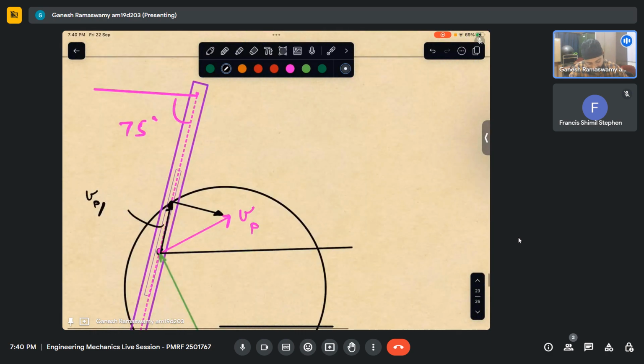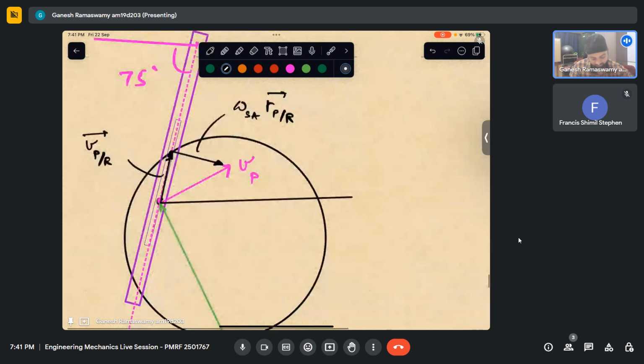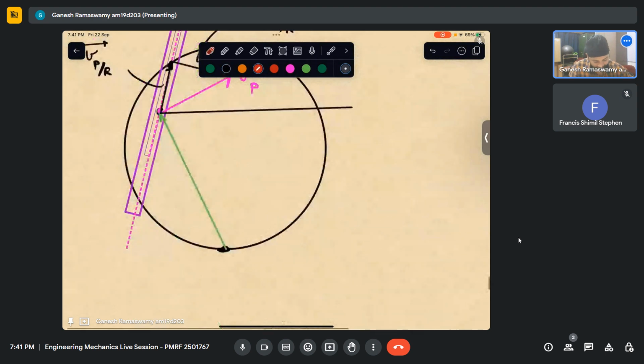So this is R, velocity of P with respect to R. This is velocity of P, which is nothing but omega of the slotted arm into R of P with respect to R. I hope this is clear. So we have discussed this in detail. So it is just a matter of finding out the angles now.